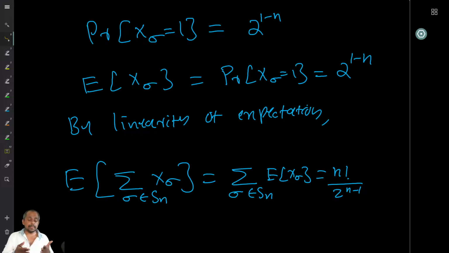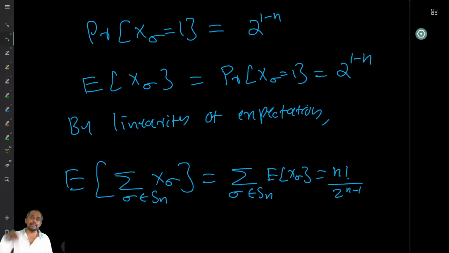Now, what we are saying is that the expected value is this. One property of expectation, the pigeonhole principle of expectation, is that if a random variable has some expectation, then it should take a value greater than or equal to that expected value.